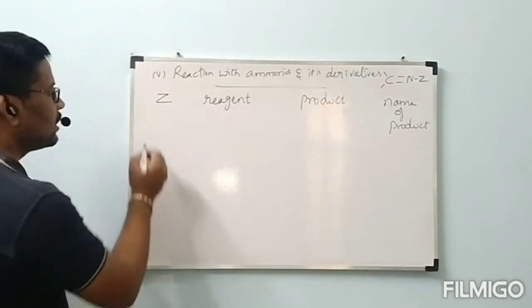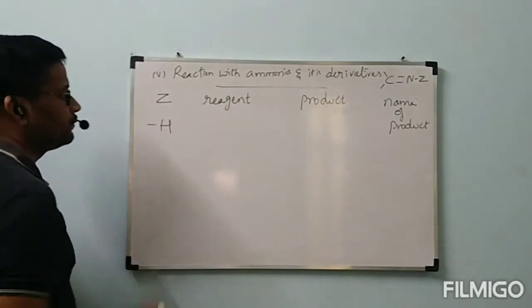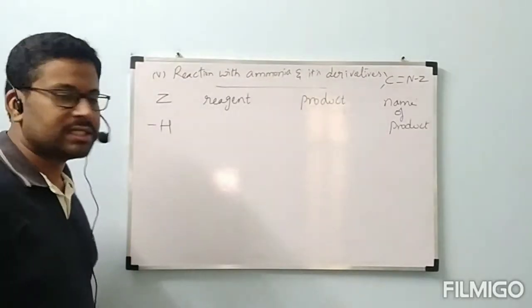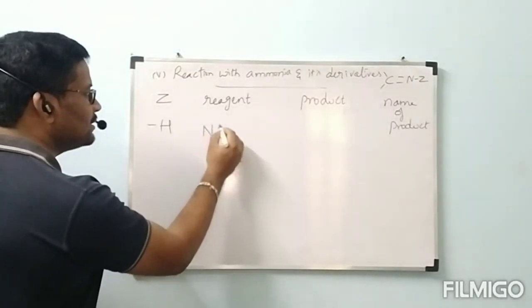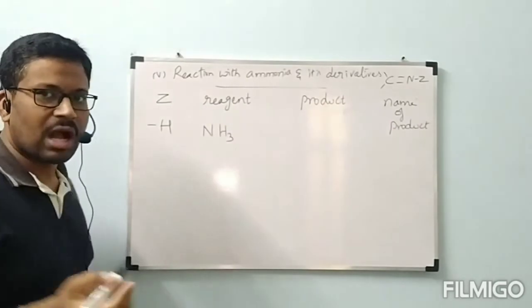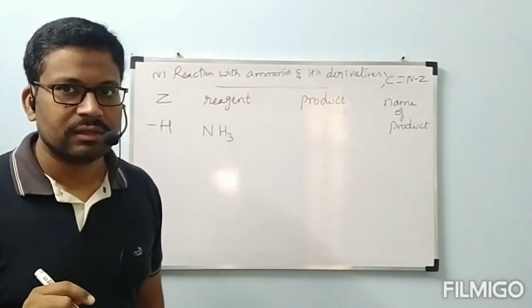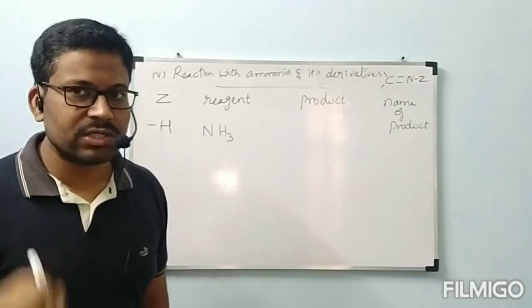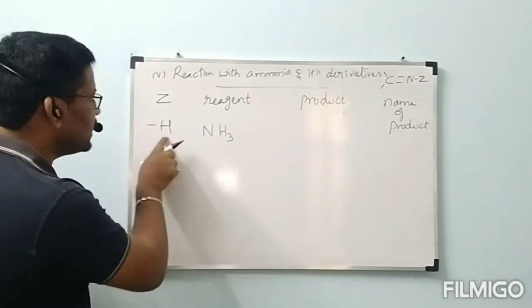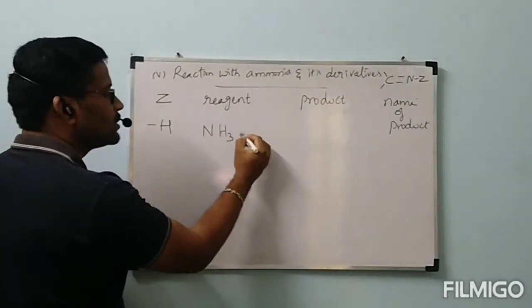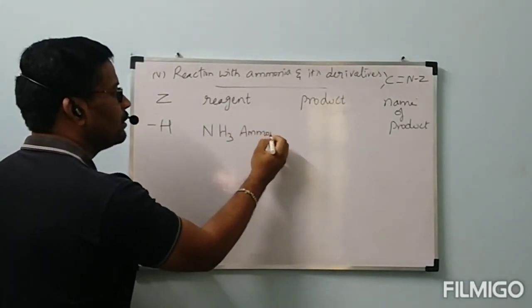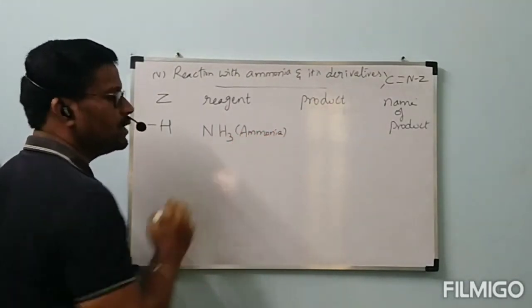Now let us see. If Z is equal to H, reagent is NH3, common reagent general formula NH2Z. Please understand carefully. NH2Z. In that, if Z is equal to H, that is ammonia. So reagent name: ammonia.